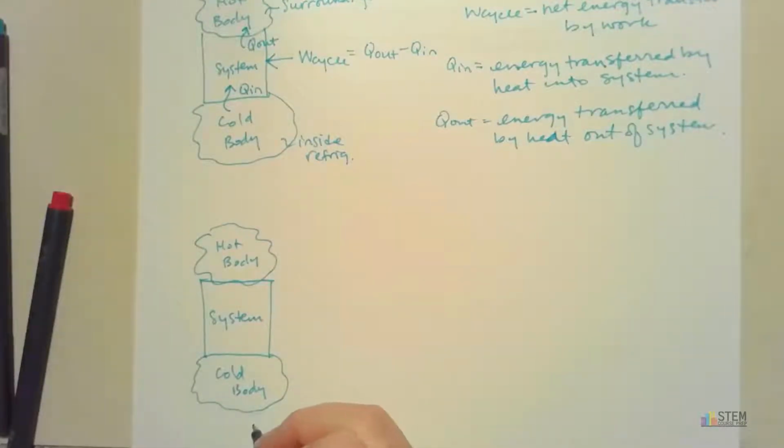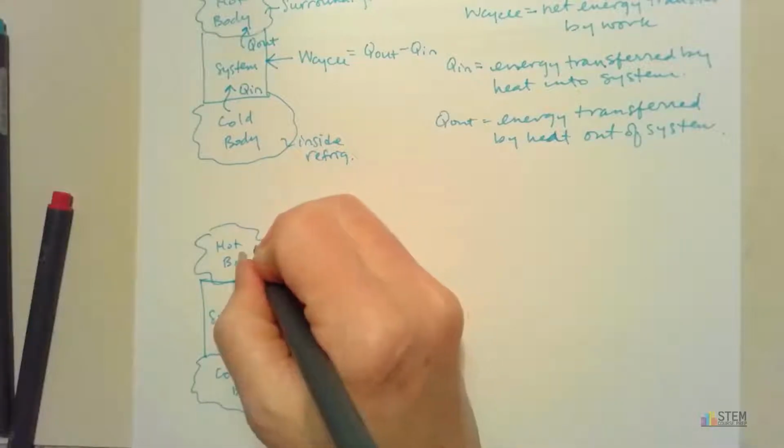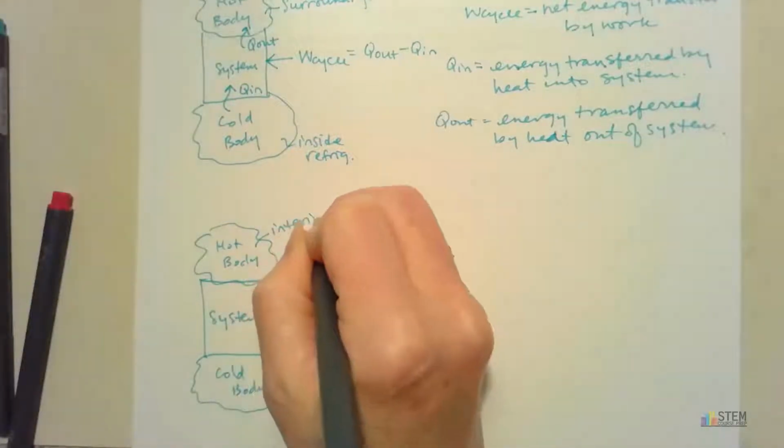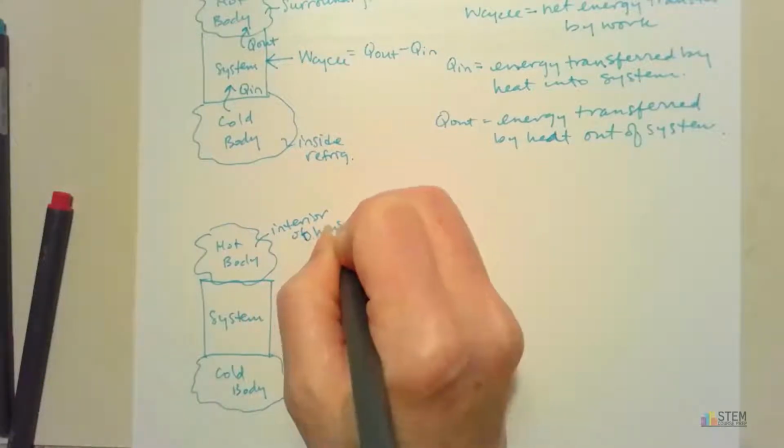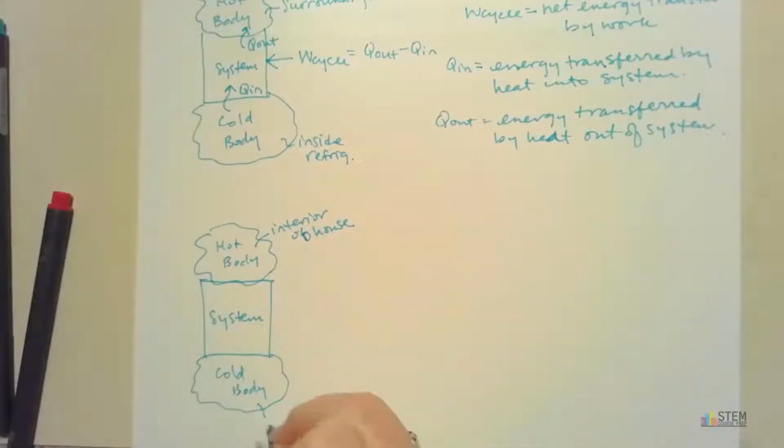So in this instance, if you think about a heat pump that you would have on a house as part of your HVAC system, the hot body is going to be the interior of the house. The cold body would be the surroundings, so outside of the house.